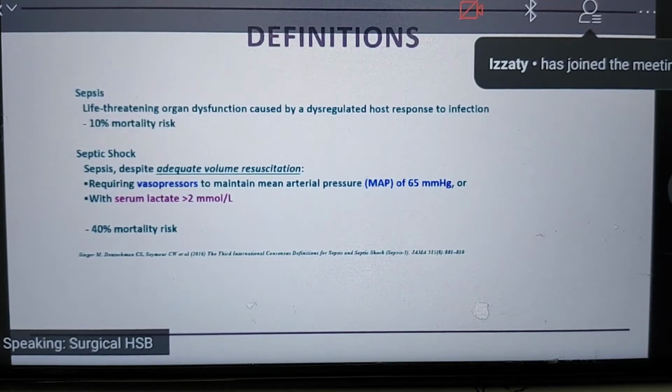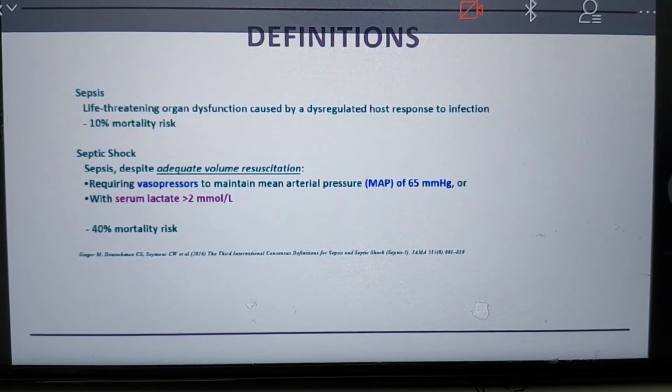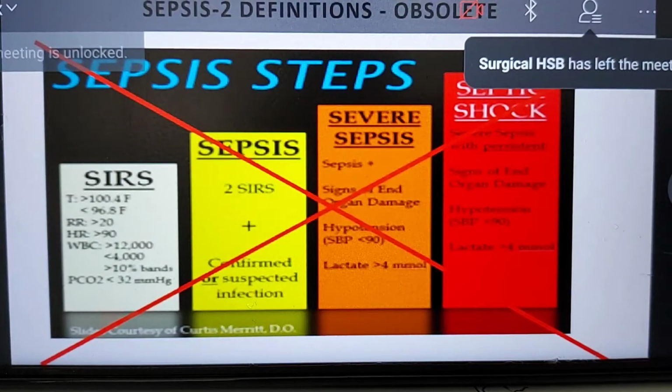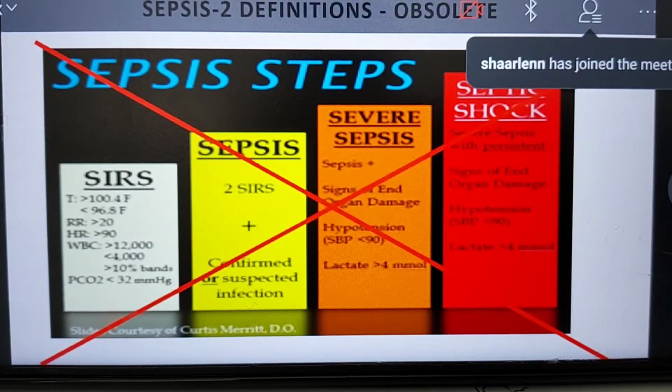In patients who have septic shock, they will have 40% mortality risk. So this is the old definition. Now we do not use this definition anymore.